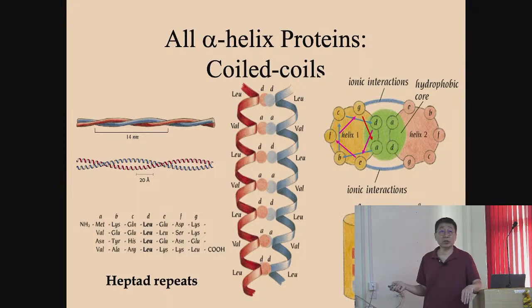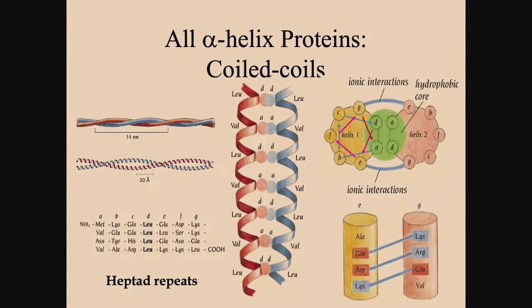And if you look at the coiled coil structure, in the sequence, the coiled coil assumes some kind of unique signature. That's due to the fact that the two helices need to wind around each other. So again, where in the world is the hydrophobic core? The hydrophobic core is where the two helices touch each other. If you look at these two helices, this is from the side, this is from the top.